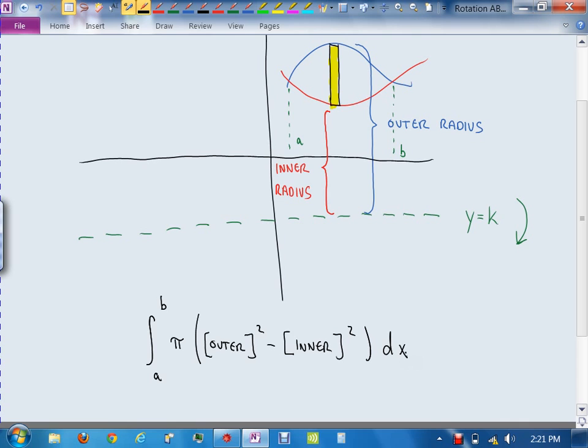See, that's more general, but you would have to be able to look at this and see what's going on. Just remember, your outer radius is the total distance from your axis of rotation to the outer ring. And then the inner one is from where you are to that red part. Okay?